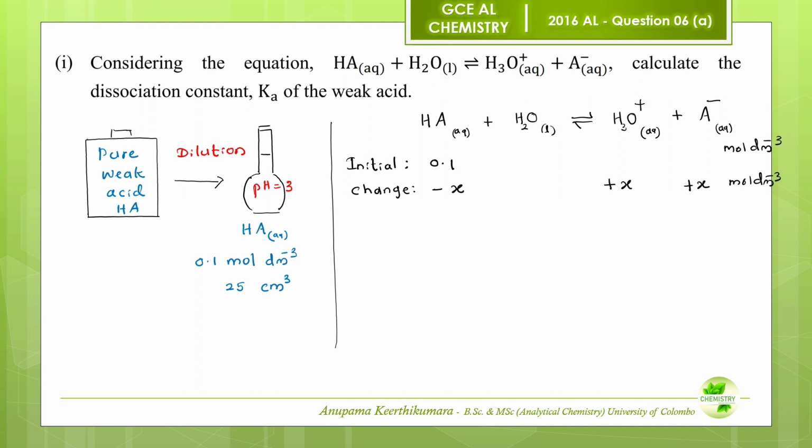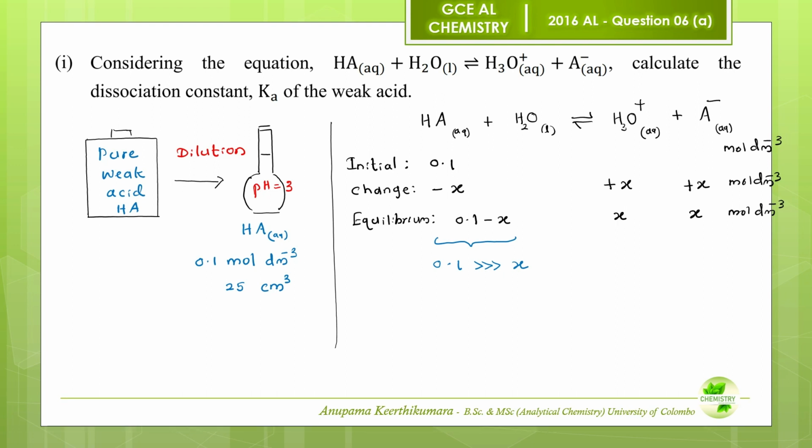Next, concentrations at equilibrium. HA: 0.1 minus X, H3O plus: X, A minus: also X. The dissociation of a weak acid is very low. Therefore, we can assume the initial concentration is very much greater than the dissociated amount. The reason is HA is a weak acid.